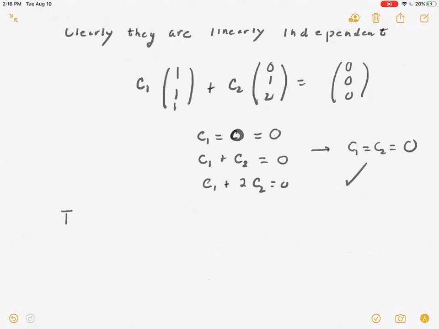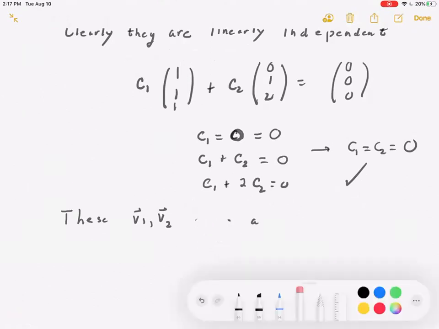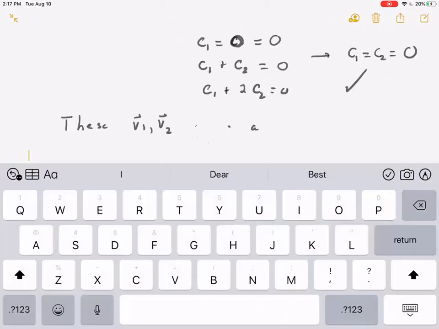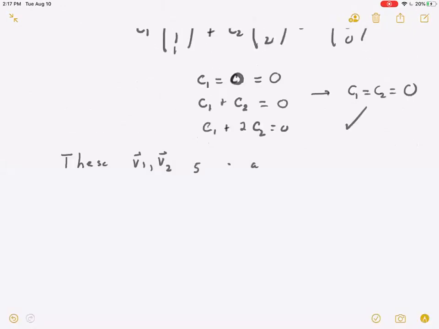So the next thing we want to say about these vectors is the following, that since they are linearly independent, they span a plane in R3.